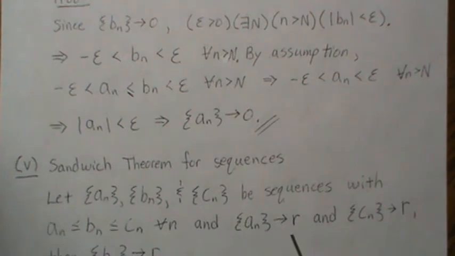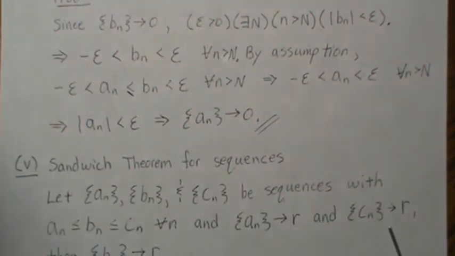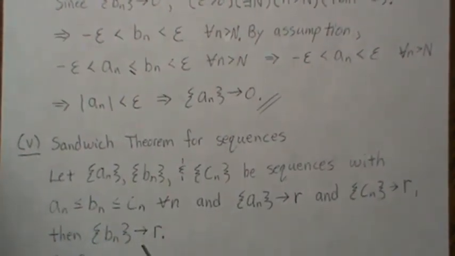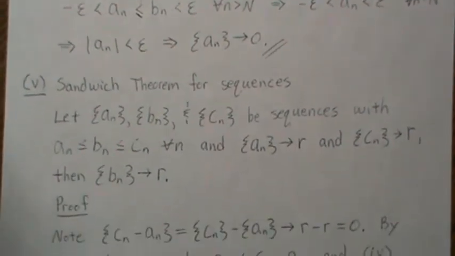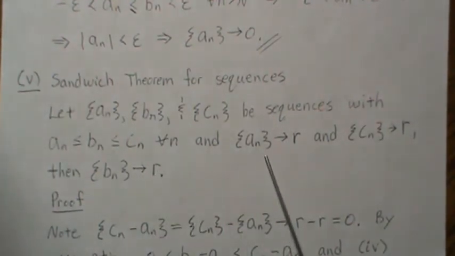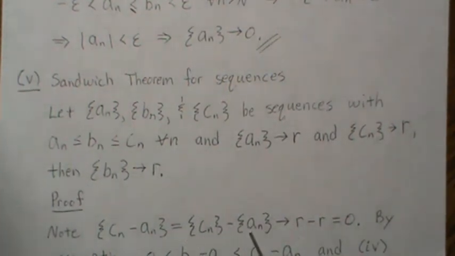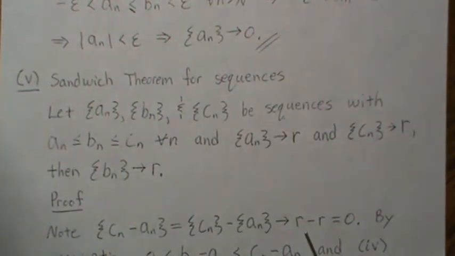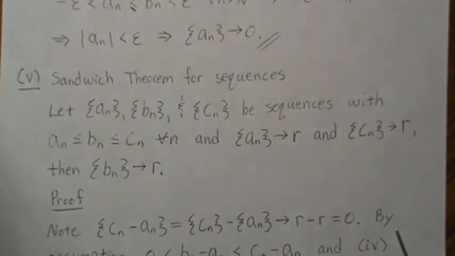And we know that a_n converges to R and c_n converges to R, then b_n also converges to R. So let's note here that the sequence c_n minus a_n, because they're both convergent sequences, is equivalent to the difference of these sequences, which converges to R minus R, which is 0. So this sequence converges to 0.